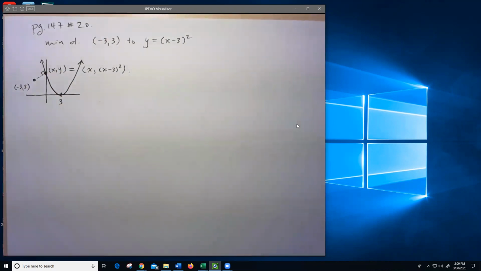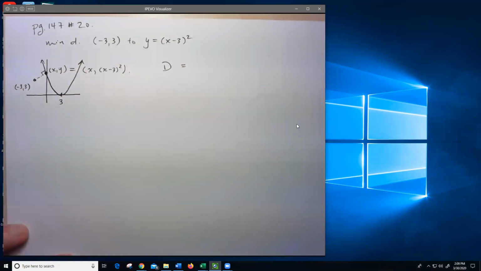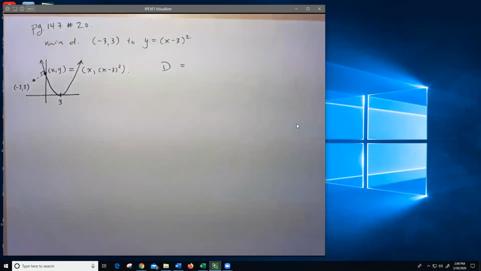Now we have our distance formula. Normally I would be writing my distance formula using a square root, but now that we have implicit differentiation, I'm not even going to go that route.